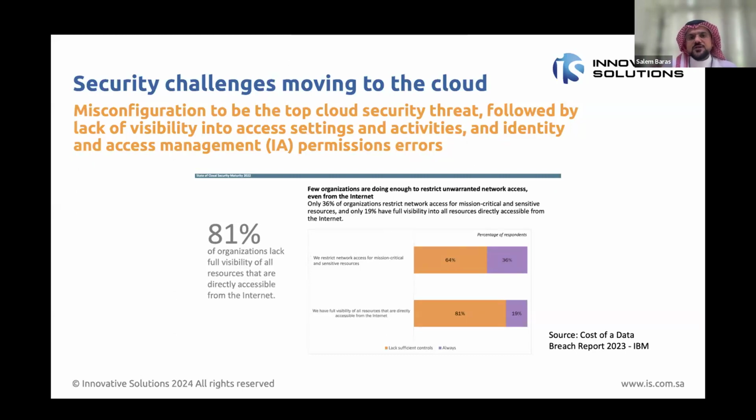And visibility with adopting cloud services becomes more challenging, right? Because you have different cloud environments, so you need to expand the visibility. So 81% of organizations lack full visibility of their cloud services and assets.